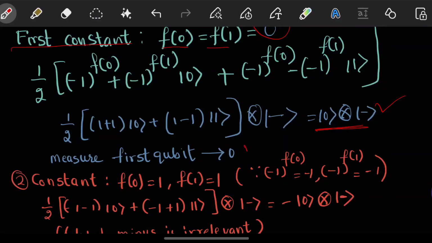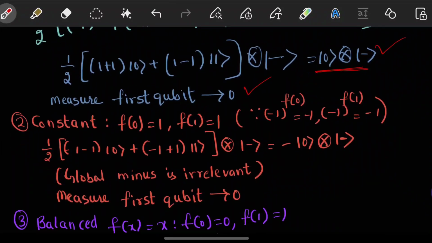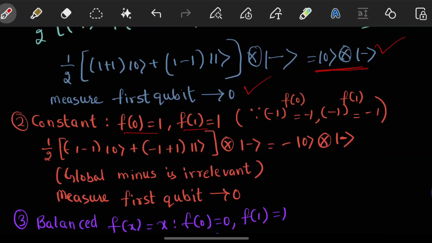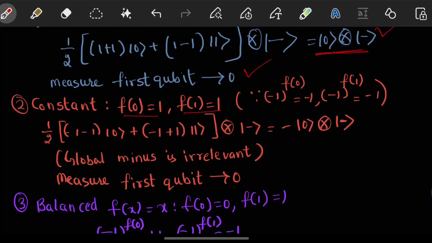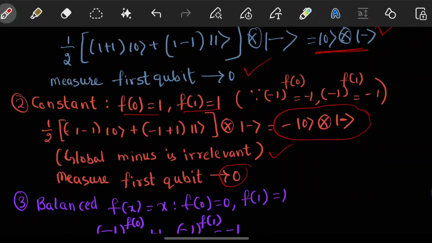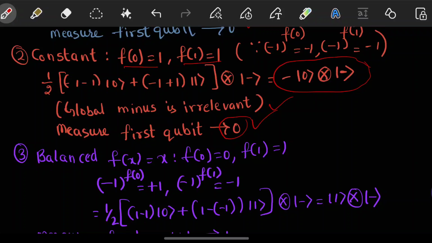So the first qubit measures as ket 0. If I take f of 0 and f of 1 as 1 in this case, I will end up getting minus ket 0 tensor product ket minus. This global minus is irrelevant, so we can ignore that. So again the same thing. In the constant case we satisfied the condition, the output should be the same. So I think this is clear.